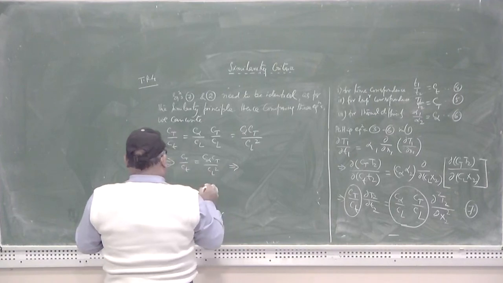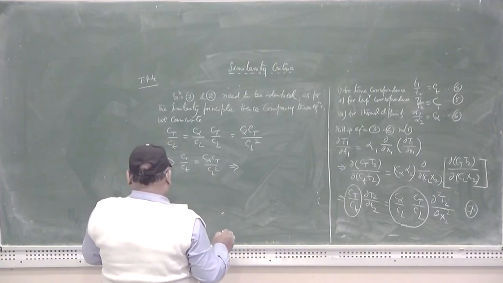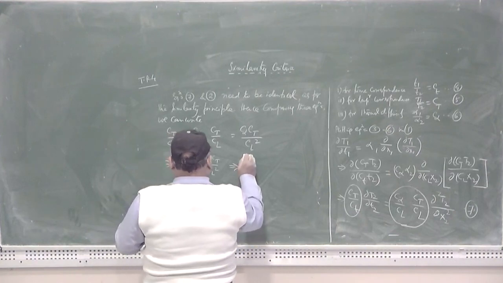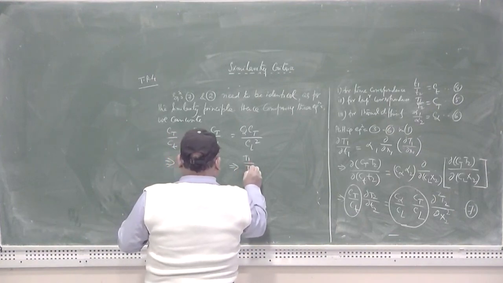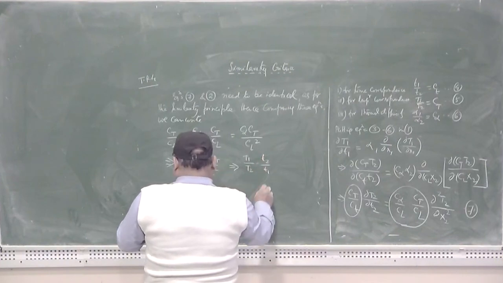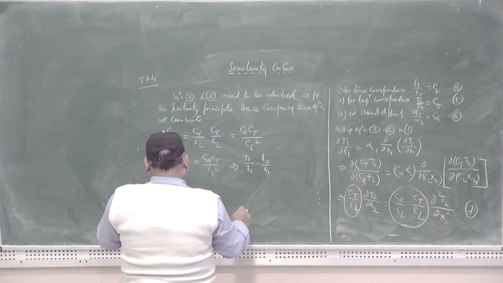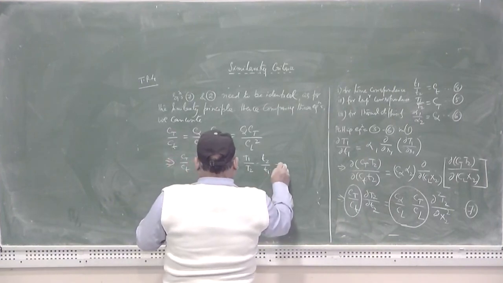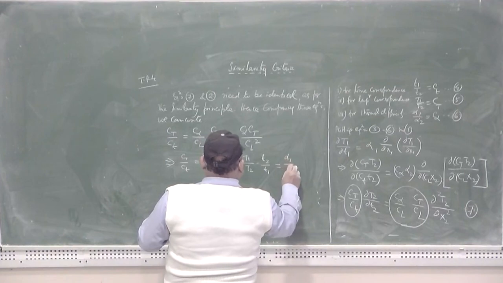Or you can write T1 upon T2 into T2 upon T1 should be equal to alpha 1 upon alpha 2.